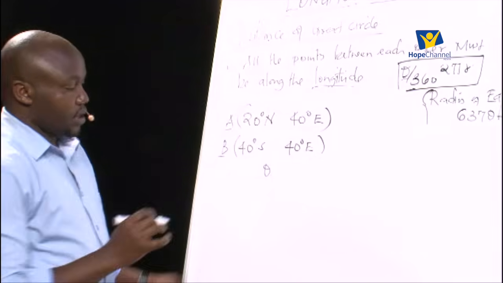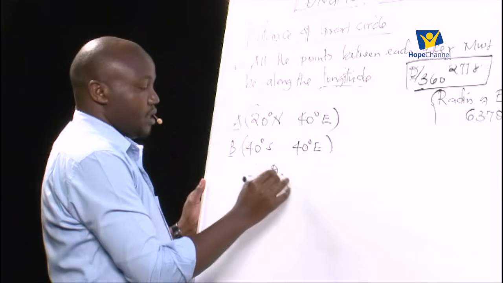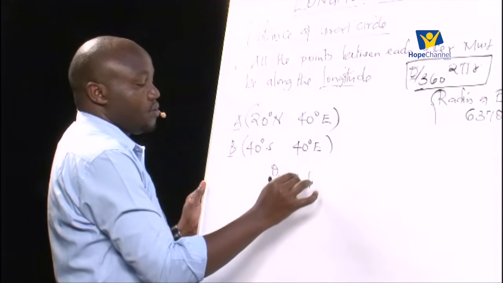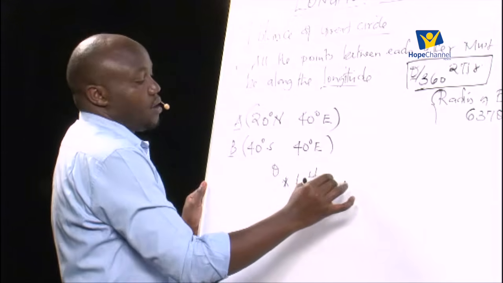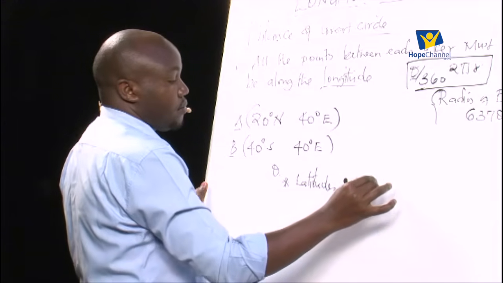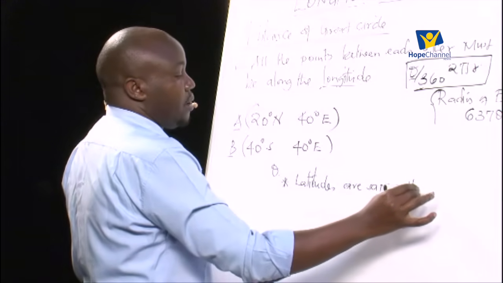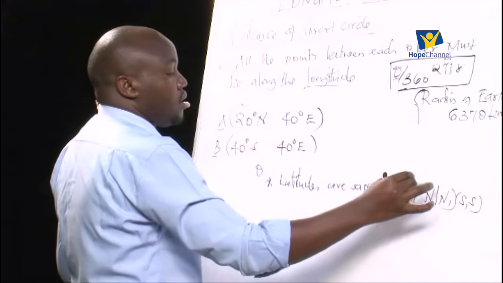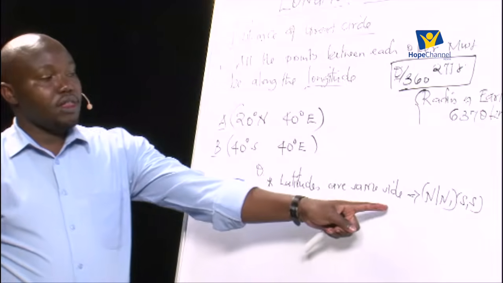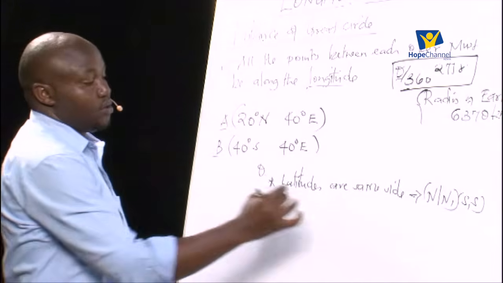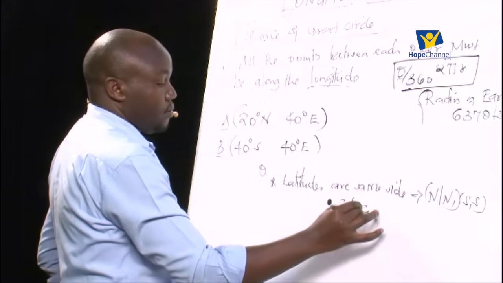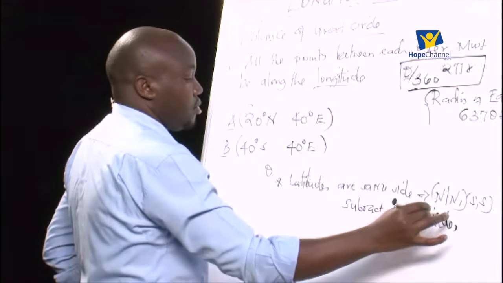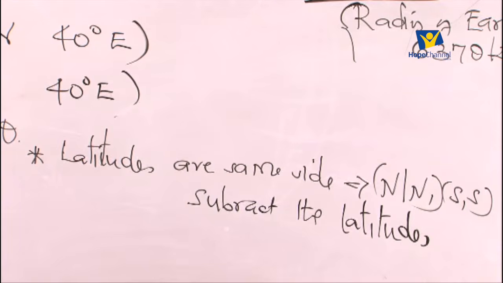Now, two things important. If the two points, the difference between the latitudes, are on the same side, by same side I mean north, north, or south, south, if both of them are north, north, or south, south, you subtract the latitudes. That's point number one.